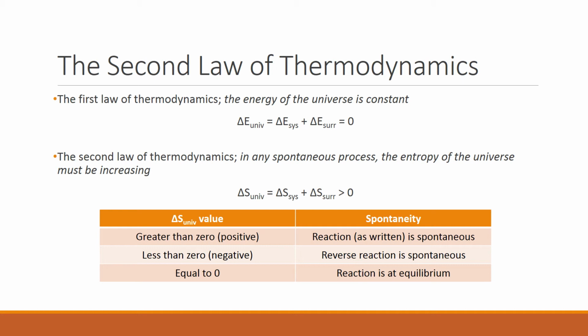Now, if delta S is equal to 0, it means that the reaction in the forward and the reverse are both spontaneous, which is also known as equilibrium. I understand that might sound confusing. We're only going to focus on the first two situations until we get to equilibrium in the second semester. But the first thing you really need to understand is that the delta S of a spontaneous process must be positive.